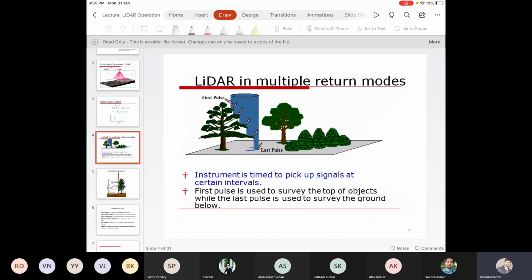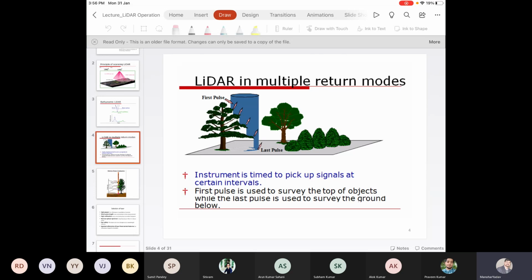Now the second characteristic, multiple return mode. As I have discussed before, the LiDAR sensor, this receiver unit, has the capability to sense multiple returns corresponding to one transmitted laser pulse.